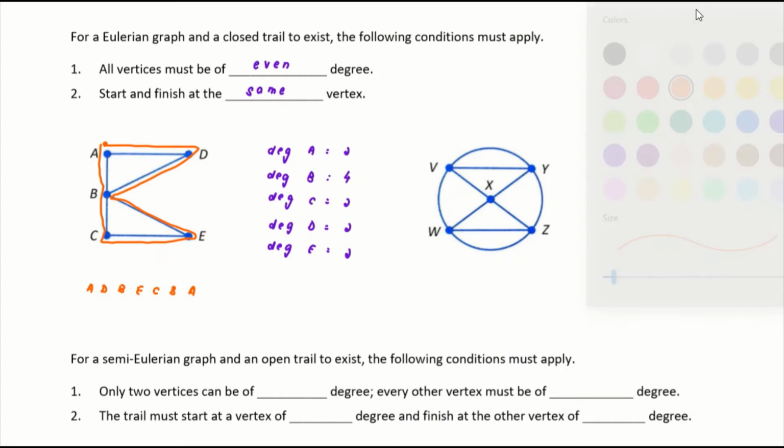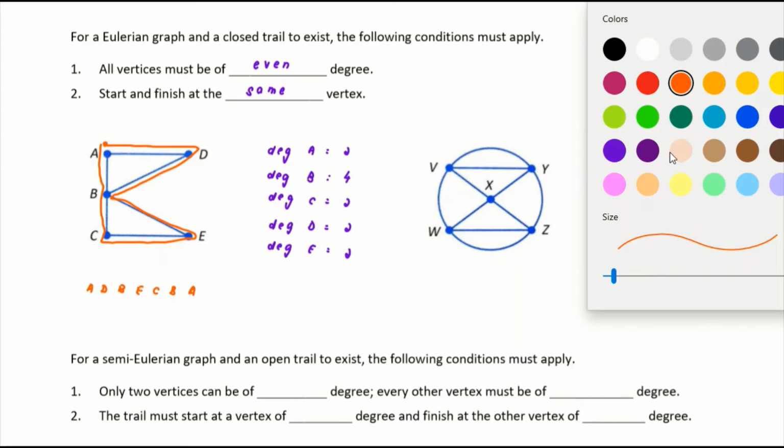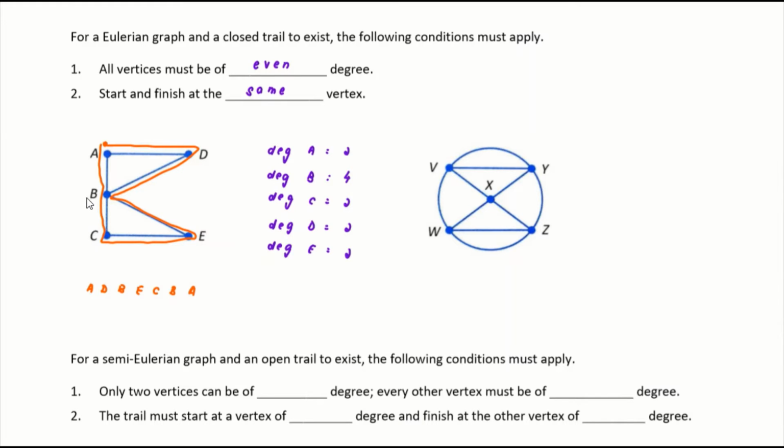If you do not want to start with A, you can always start with another vertex as well. For example, if you want to start with B, you can go B to A, then to D, then to B. Or you can go to C first, then to E, and then go back to B. So the trail will be B, A, D, B, E, C, B. This is a closed trail as well.